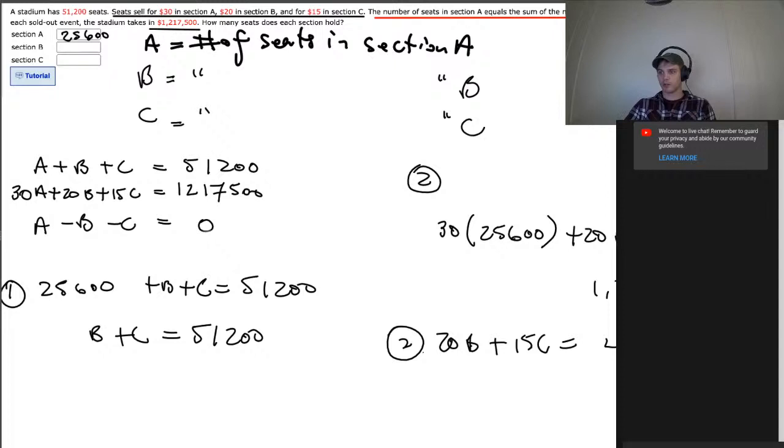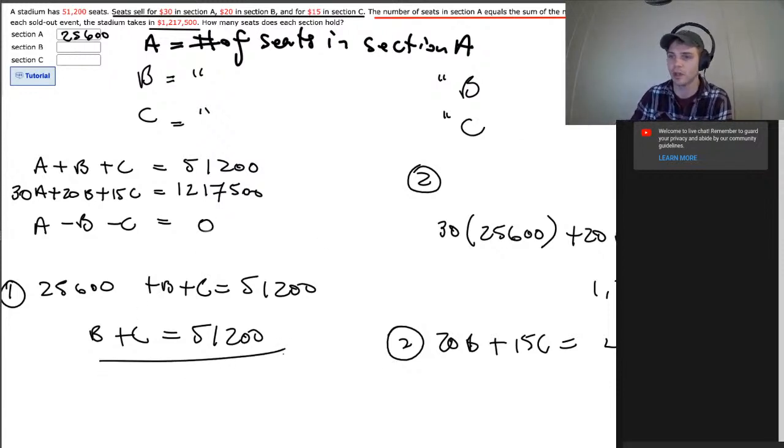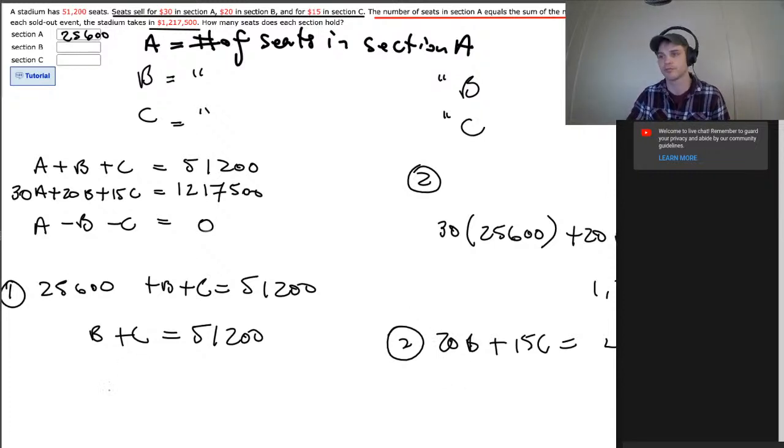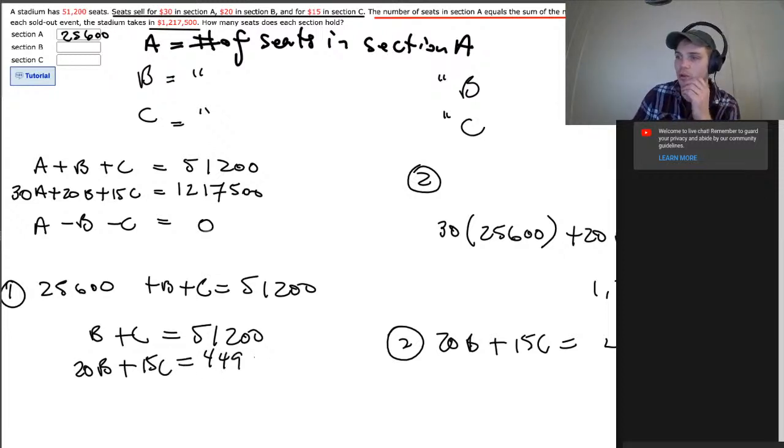Okay. So now we have two equations and two unknowns. I can just take these two equations and make them into a new matrix. That's this one and this one. So we're going to have b plus c, actually I'll just leave it there, and then we'll do 20b plus 15c equals 449,500.